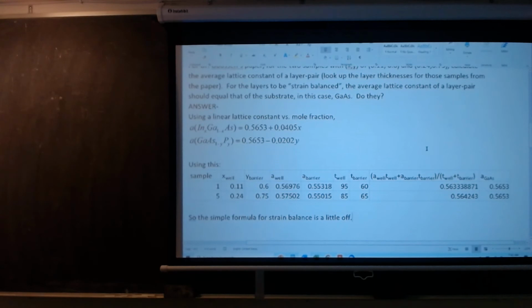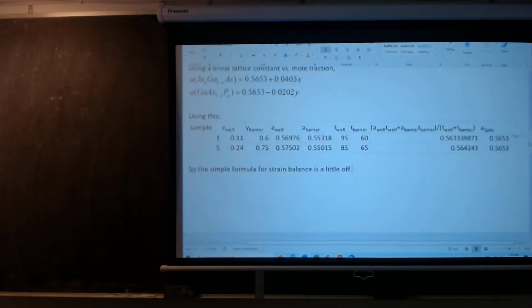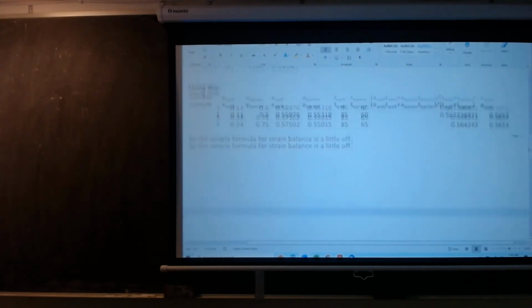But the main thing to understand, and we'll save that for the review, is that when we review epitaxy, we'll talk about the three types of epitaxy we've gone over: unstrained if the lattice of the layer matches that of the substrate, strained if the lattice of the layer doesn't match that of the substrate, and strain balanced when you grow an alternating set of layers to keep it in a lattice matched condition.